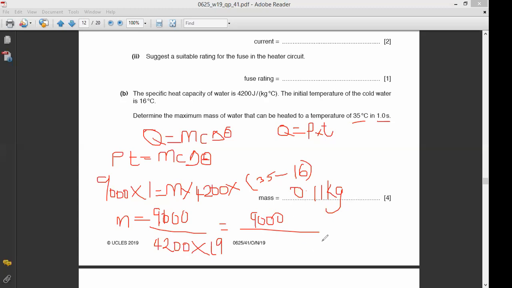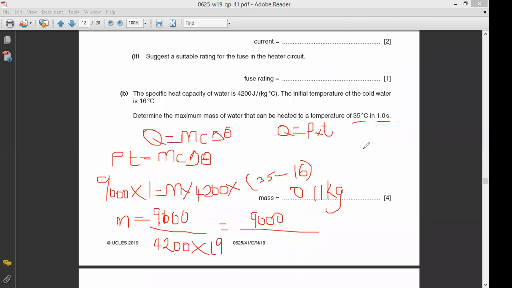It can't give you 8 point something now. That means you just punched everything like this on your calculator. I punched everything, but it still gave me 0.11. This is simple maths now. We should get this. Okay, now that is it, 0.11 kg. I hope you guys have written this.